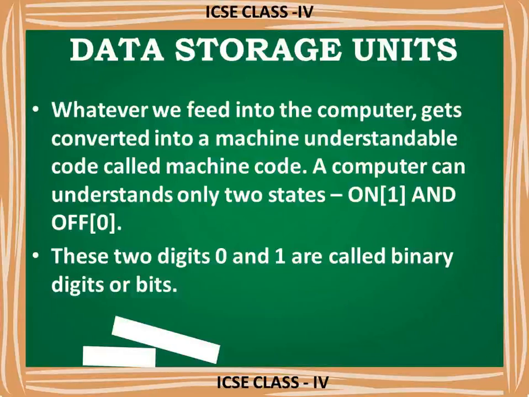We give the instruction in the form of English characters, which are processed and converted into the form of 0 and 1, and that converted form is called machine code. These two digits 0 and 1 are called binary digits or bits. Only the machine can understand this binary language, we cannot.